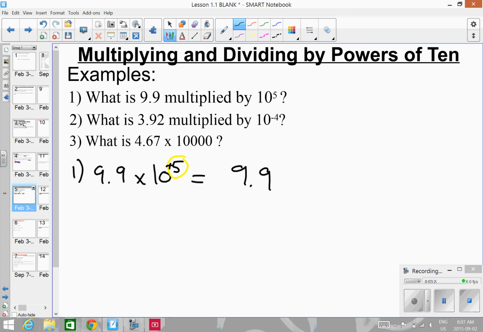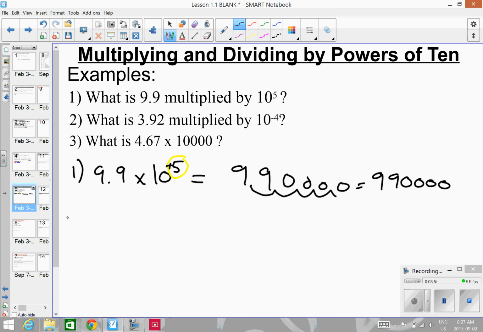That means we're going to move it to the right. The number's going to get bigger. So I'll move it 5 spots: 1, 2, 3, 4, 5. And all the spots that don't have anything, we'll fill with zeros. So there's our answer. 9.9 times 10 to the power of 5 is 990,000.